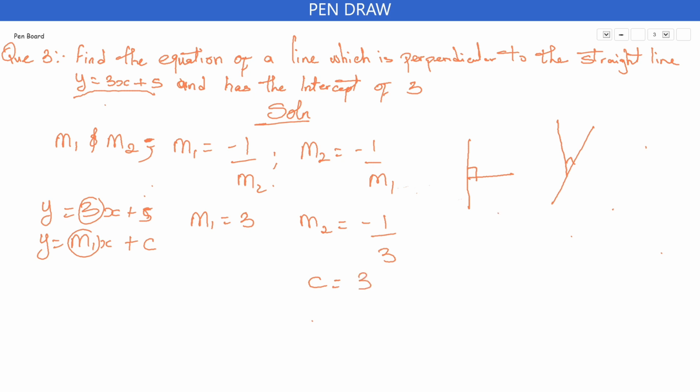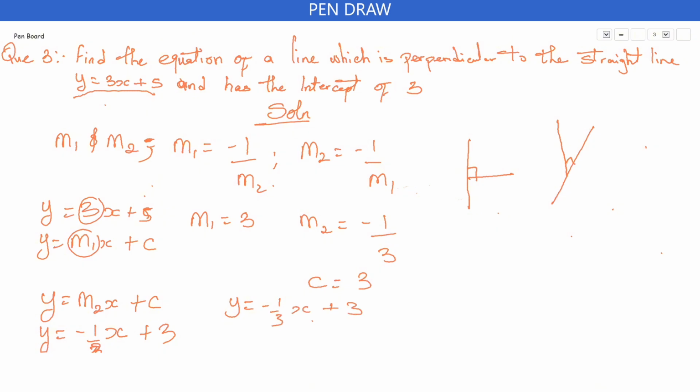So how do we now look for the equation of the line? The equation of the line is equal to m2x plus c. So my y is equal to my m2, which is minus 1 over 3, multiplied by x, plus my c, which is equal to 3. So if I solve this very well, we have y is equal to minus 1 over 3x plus 3.